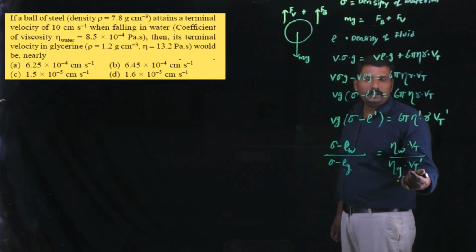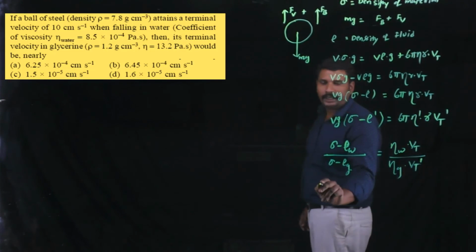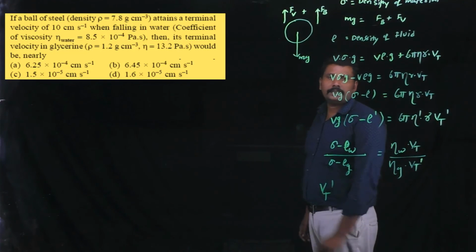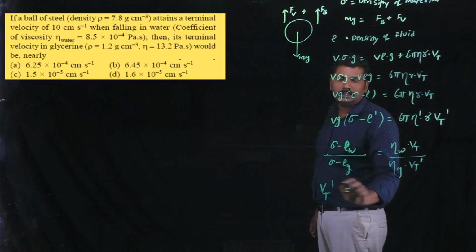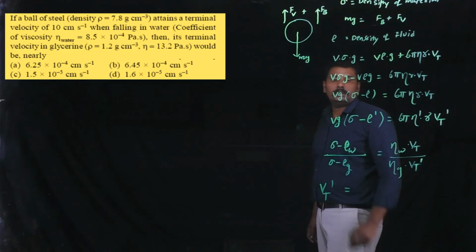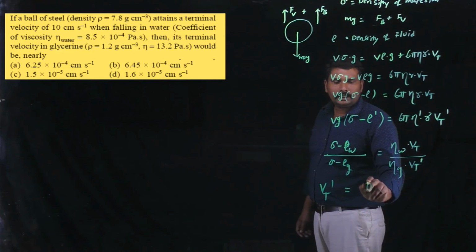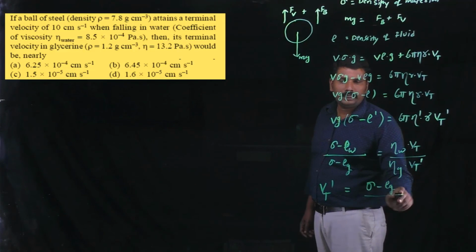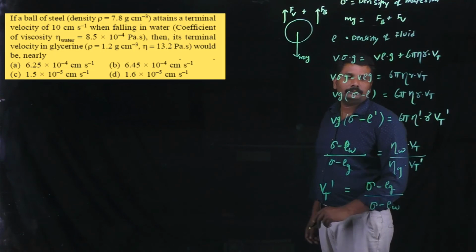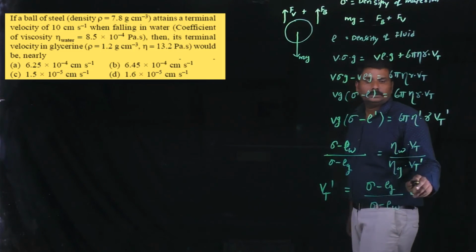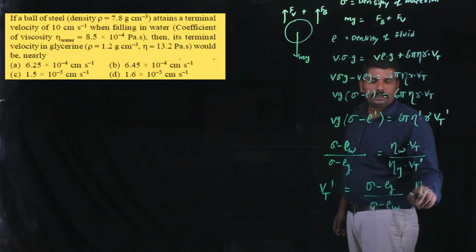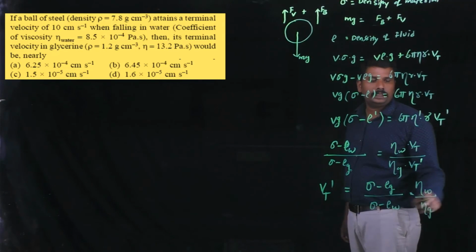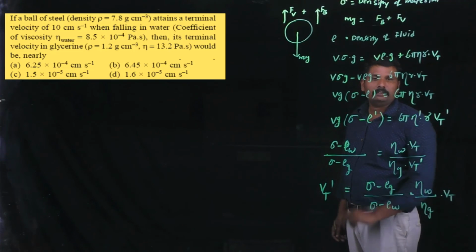Now by solving for Vt dash, getting it onto the LHS, Vt dash is equal to (σ − density of glycerin) by (σ − density of water) into the coefficient of viscosity of water by the coefficient of viscosity of glycerin into the terminal velocity in water.